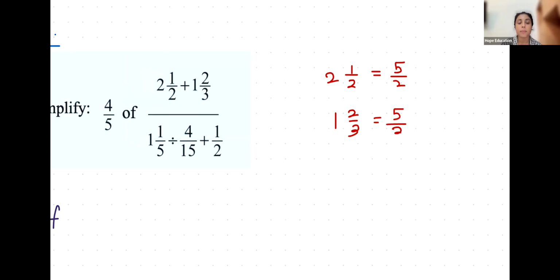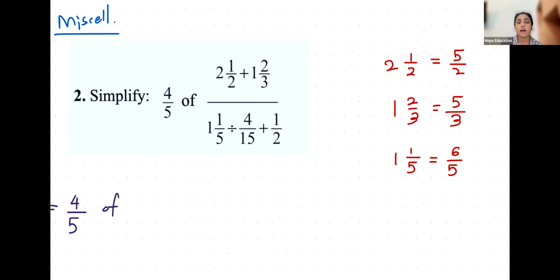Another mixed number, 1 1 over 5: 5 times 1 is 5 plus 1 is 6, that is 6 over 5. So the mixed numbers are converted to improper fractions.